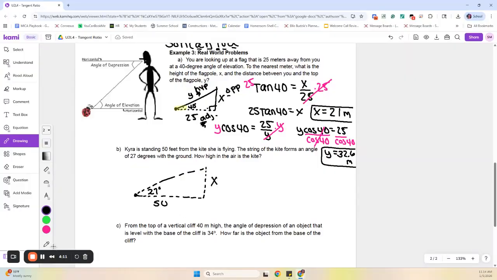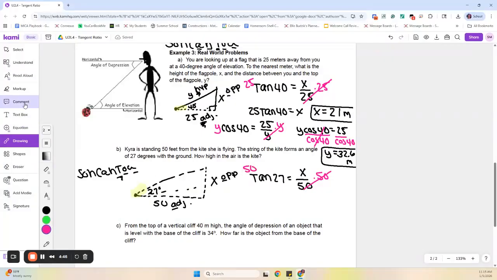So I want to know the height here. Again, if this is our angle, then across from that angle we have our opposite. Right next to it, we have our adjacent. So if I have O and A, again, for SOHCAHTOA, O and A go with tan. So I'm going to do tan of my angle, 27, equals my O over my A. So I'm going to multiply by my denominator, multiply by 50 on both sides.